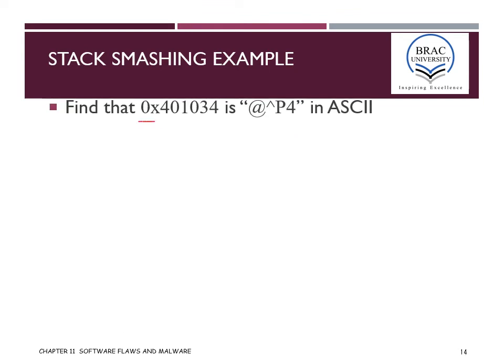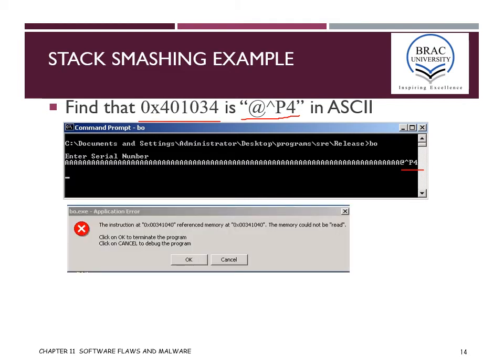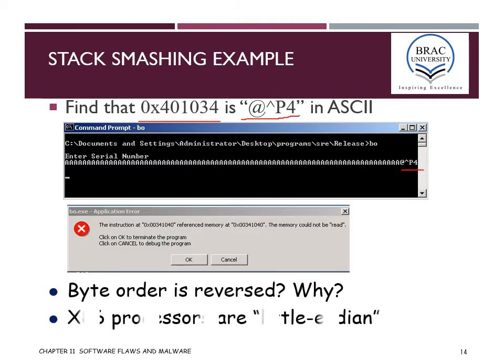So now we take that location, that return value, and we take the ASCII value of that and input it at the end of this series of A's. So we'll have this error again, and if you look carefully, the byte order is reversed, because the processor we use is little endian, so we have to reverse it.